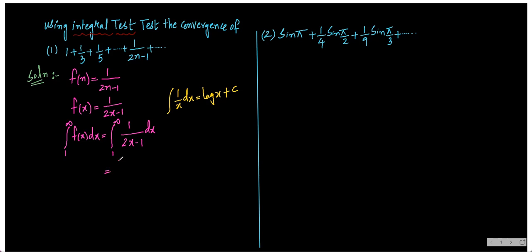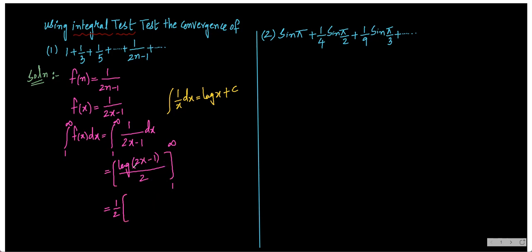We write it as log of 2x minus 1 by the x coefficient, which is 2, and the limits are from 1 to infinity. This is equal to 1 by 2, which we can pull out.